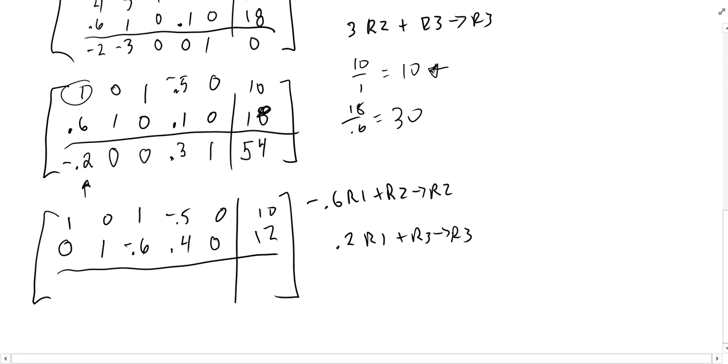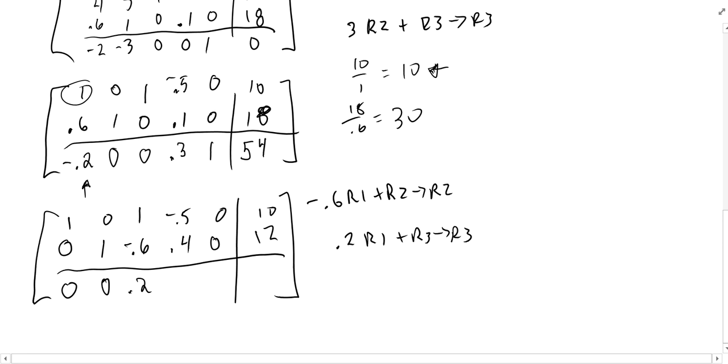And then the bottom row, negative 2 times row 1 plus row 3. So negative 0.2 and a positive 0.2 add to 0. 0 plus 0 stays 0. Multiplying row 1 by 0.2, adding it to the third row is going to be a 0.2 there.